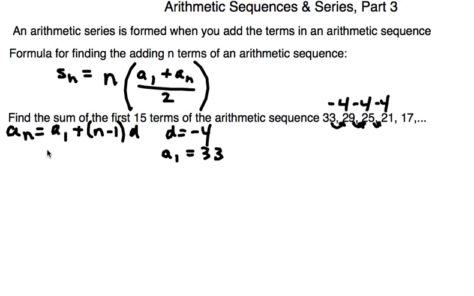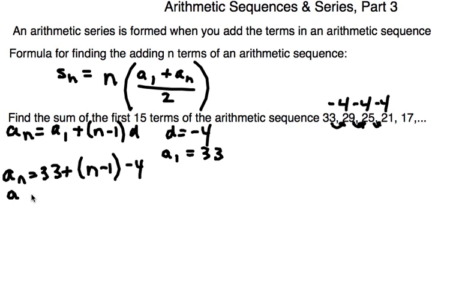Okay, so we're just figuring out our rule so we can find the 15th term in this sequence. Okay, so we have a sub n equals 33 plus n minus 1 times -4.